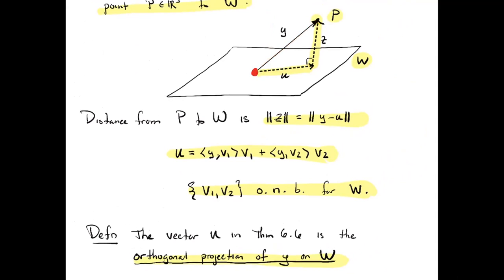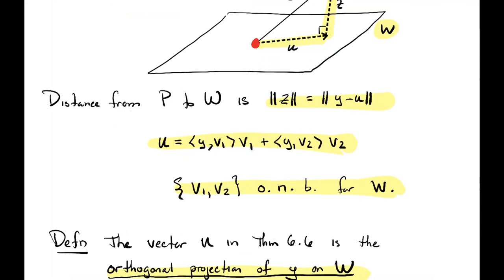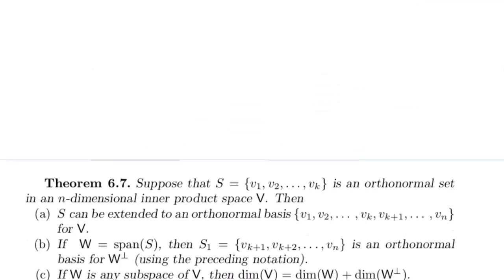It's exactly the projection vector of one vector onto the line through another in Calc 3, if you take W to be that linear space. So the orthogonal projection of y onto W is just the component of that decomposition where you write the vector y as something in W plus something in W perp.